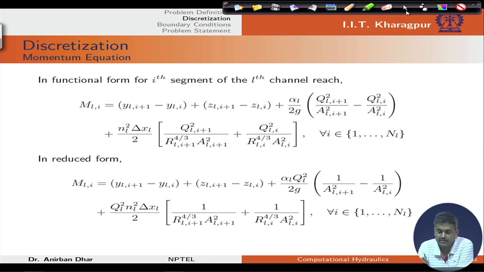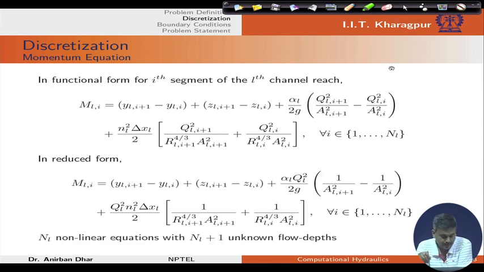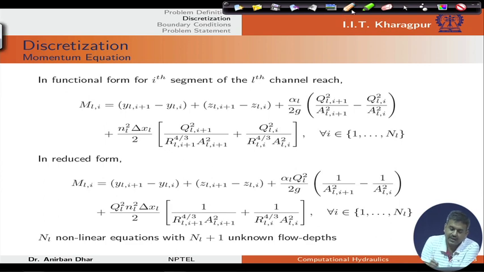In this case, now we have N L nonlinear equations with N L plus 1 unknown flow depths.